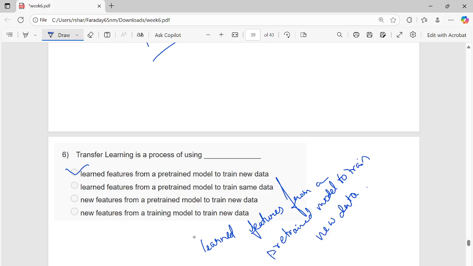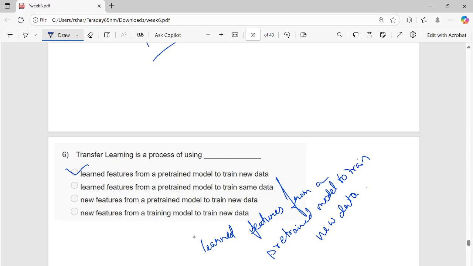So it leverages the learned features, or the knowledge, from the pre-trained model, typically trained on a large dataset like ImageNet, and applies it to a new dataset or task, often with much less data. The learned features are useful patterns such as edges, shapes, or language structure.